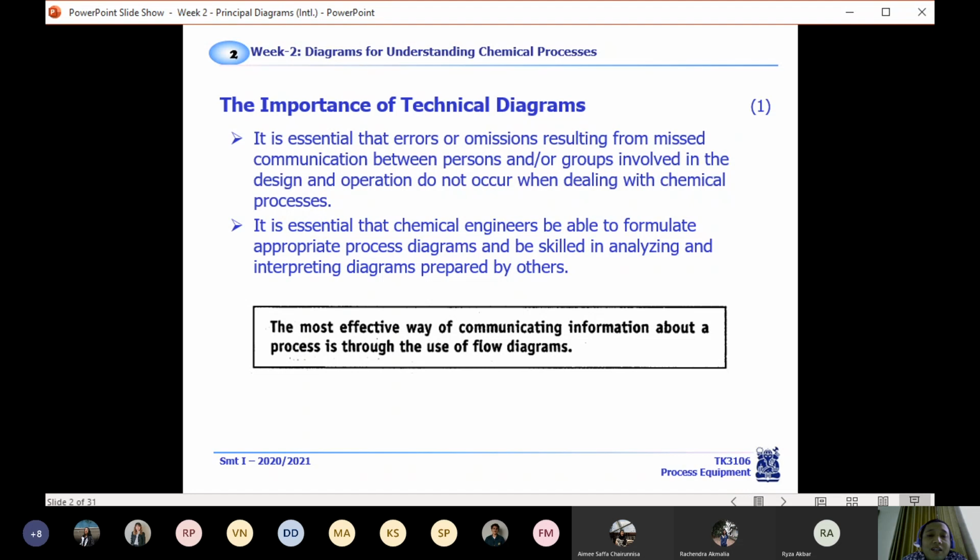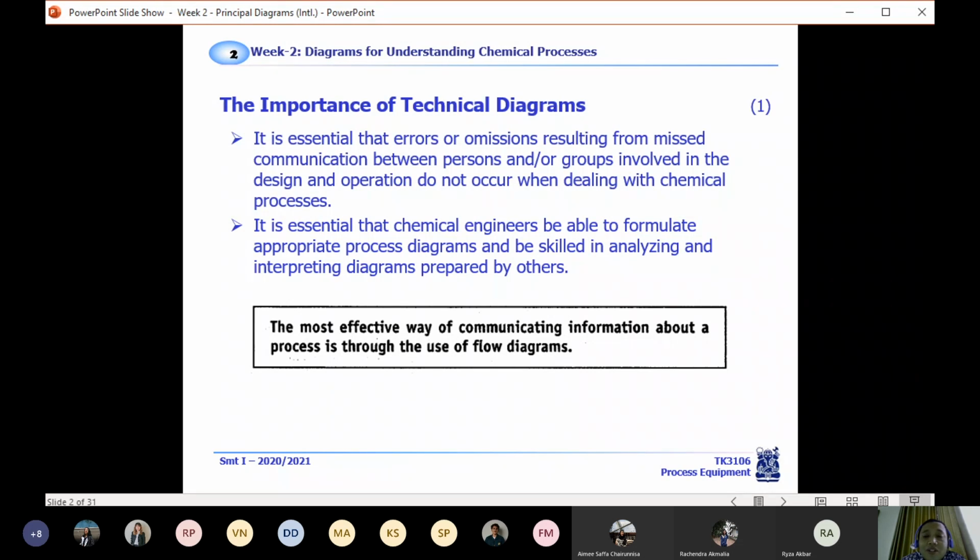But the important thing here is you have to understand the BFD, PFD, and also P&ID: how to make a stream, how to draw a unit operation, how to put the process conditions and their symbols, for example pressure, flow rate, temperature, etc. And how to put the table for the material balance.